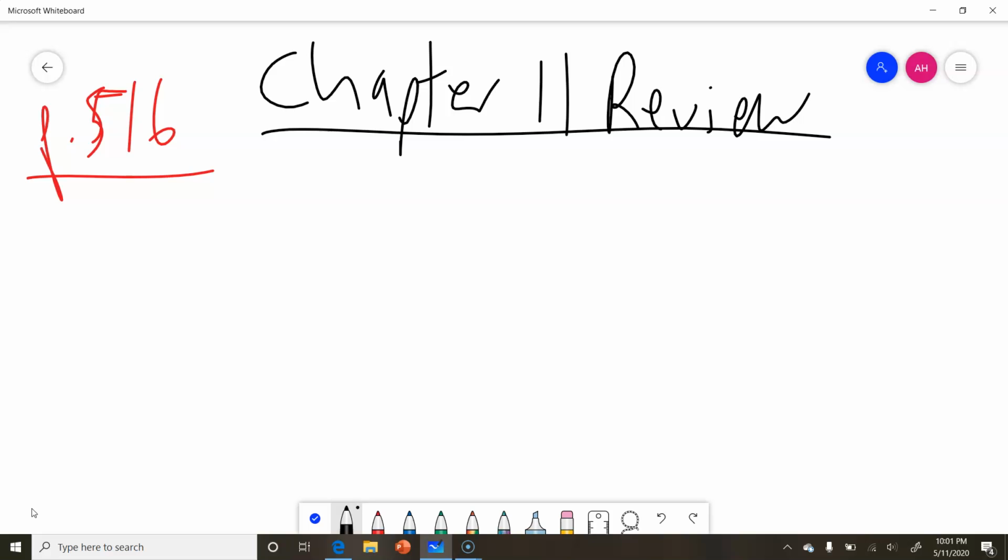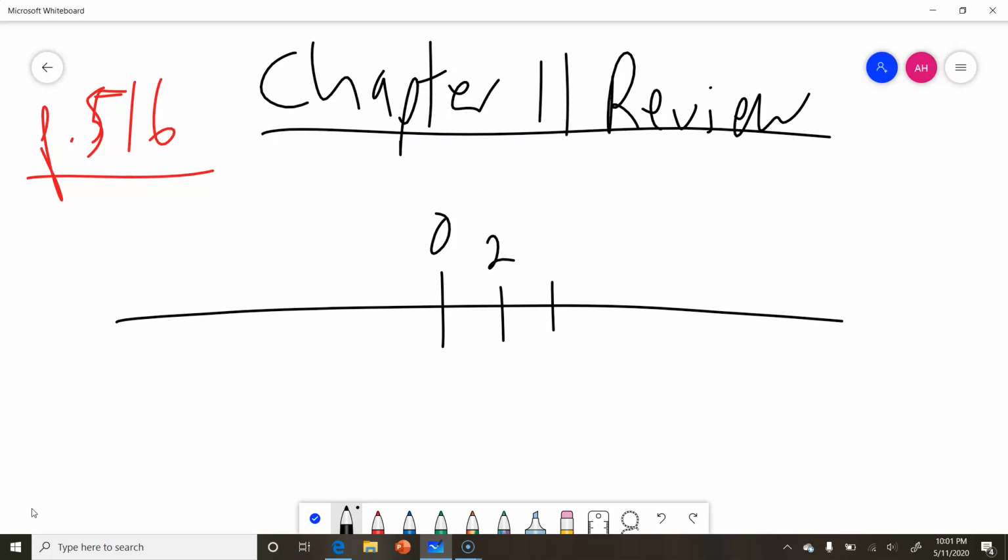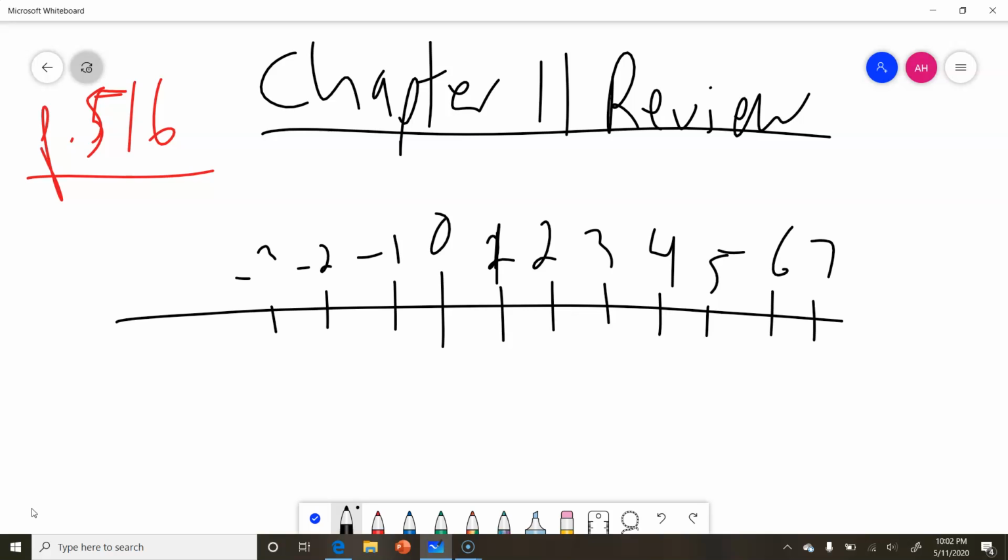So one of the things that this lesson starts with is just a number line, right? So we have 1, 2, 3, 4, 5, 6, 7, and we have -1, -2, -3, -4, -5, -6, and -7. They tell us plot 2. You just come to 2 and put a dot.